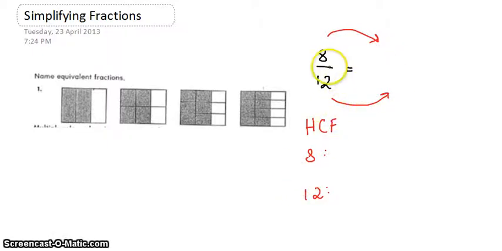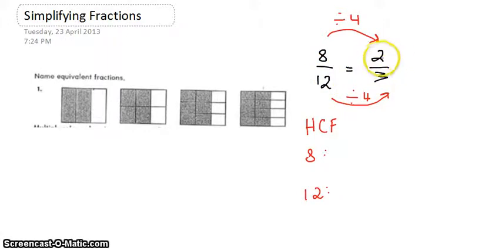Some of you could do that in your head and go, well, 8 and 12, 4 goes into 8 and 4 goes into 12, 5 doesn't, 6 doesn't, I can't get any higher than that, so I think it's going to be 4 that I'm going to divide by. And then you'll divide both of those numbers, so 8 divided by 4 is 2 and 12 divided by 4 is 3. And you can see that 8/12 is the same as 2/3.